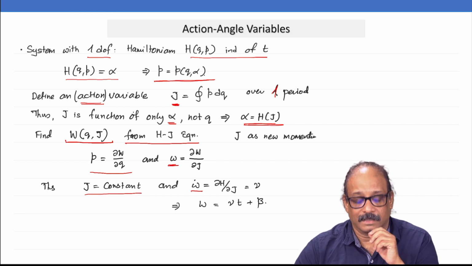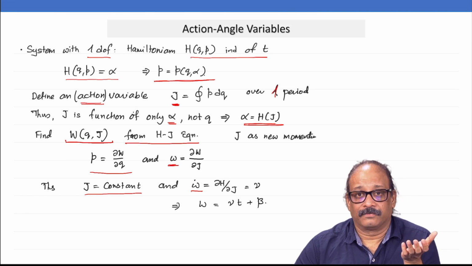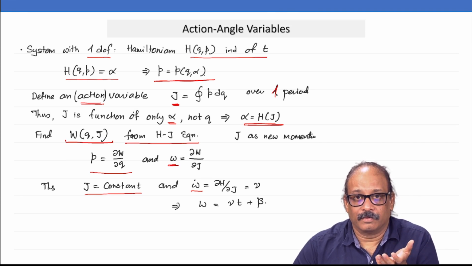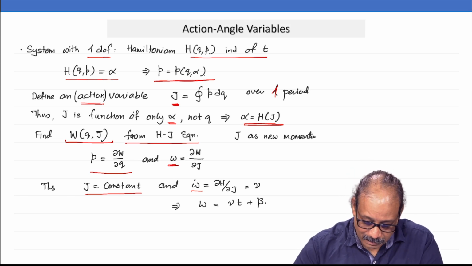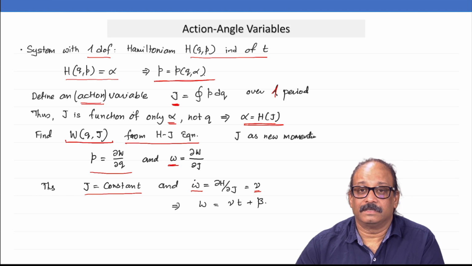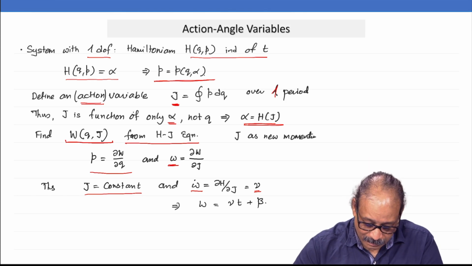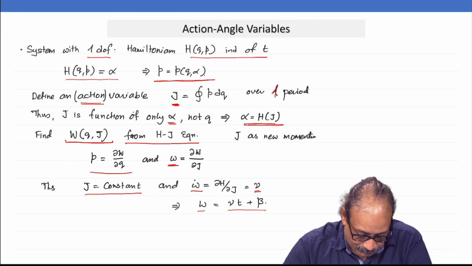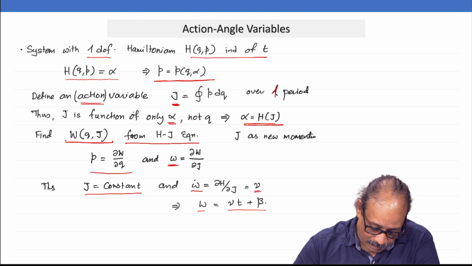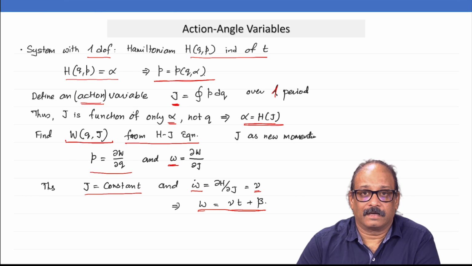W dot is nothing but the partial of H with respect to the new momentum J, and that is equal to some constant nu. Okay. And then we can integrate this, W would be equal to nu t plus beta. Okay. So, this is straightforward there. In fact, this is the reason why it is called the angle variable.